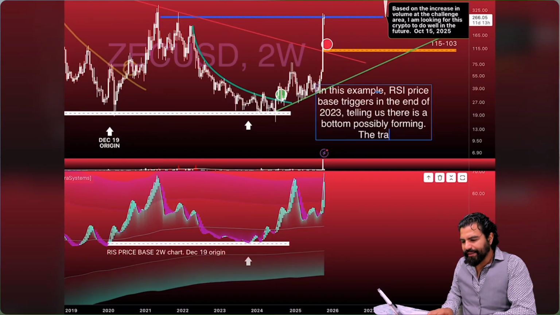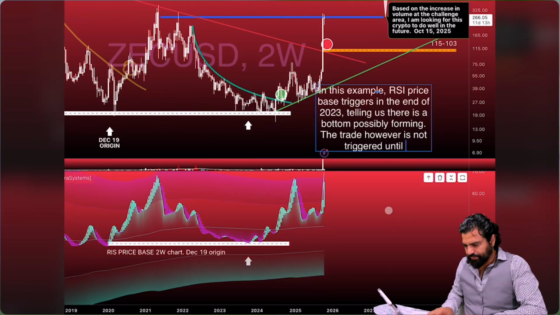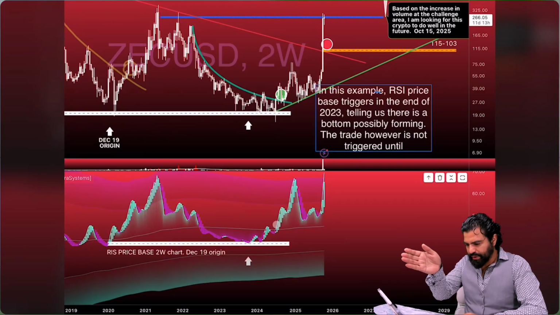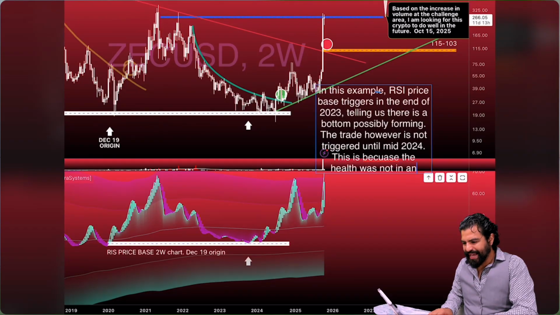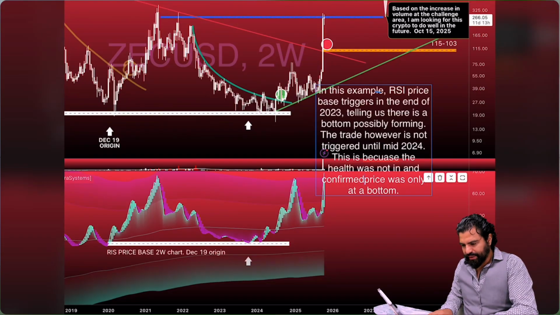The trade, however, is not triggered until mid 2024, right? Mid 2024. This is because the health was not in and confirmed. Price was only at a bottom. And I want to say possible bottom.